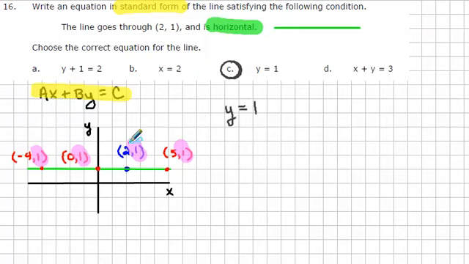Now, if you have difficulties following that line of reasoning, a more traditional approach would be just to find the slope of the line and then use the y-intercept of the line to find the equation. So if you prefer that more traditional approach, what you might do would be to pick 2 points on the line and first of all find the slope.